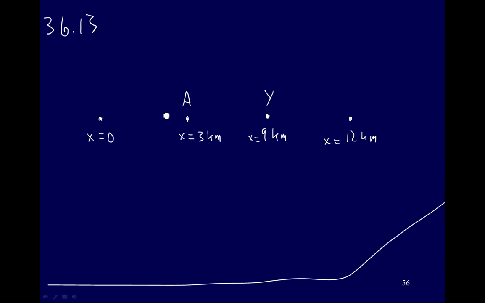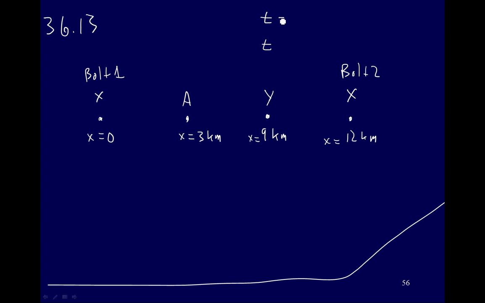Now what you're told is that there are two events. There's bolt 1, which happens at position x equals 0, and there's bolt 2, which happens at position x equals 12. Now we'll assume that you start your clock at some time, and then there are two times on your clock.